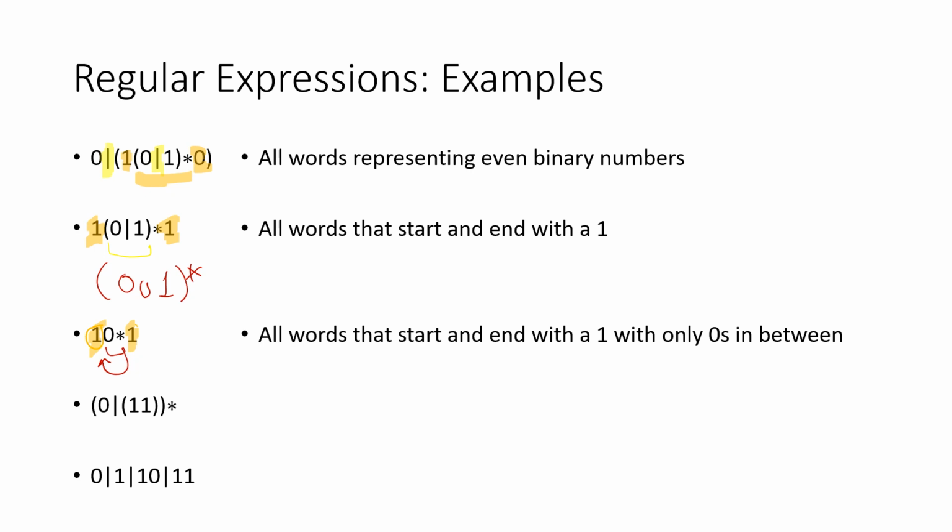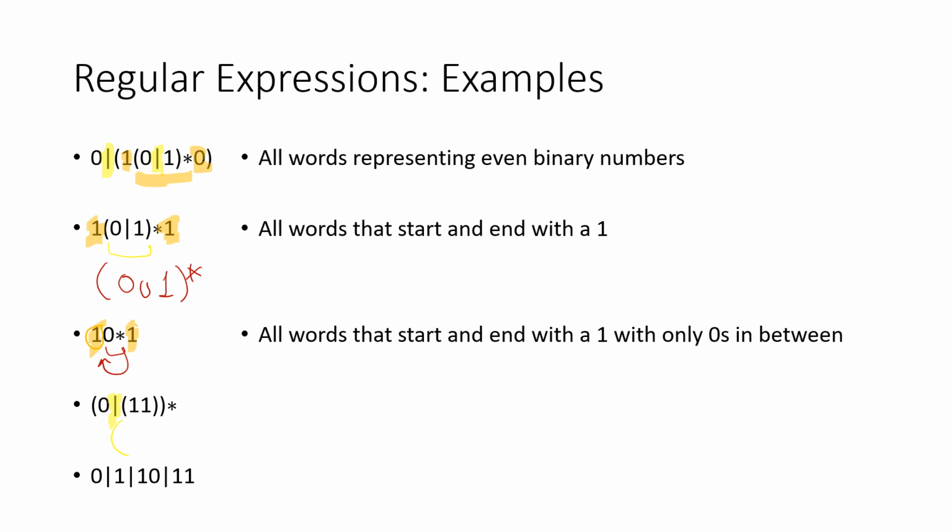I see again I have an OR, and it can be 0, or it can be 11. And now I have a star after that. Let's think about this for a moment.